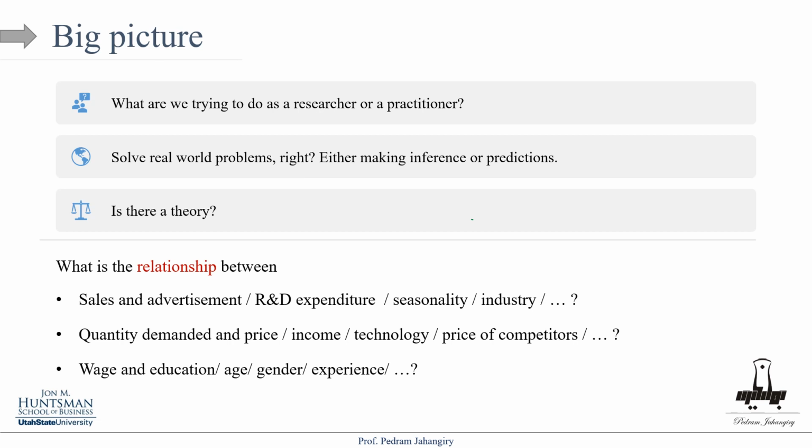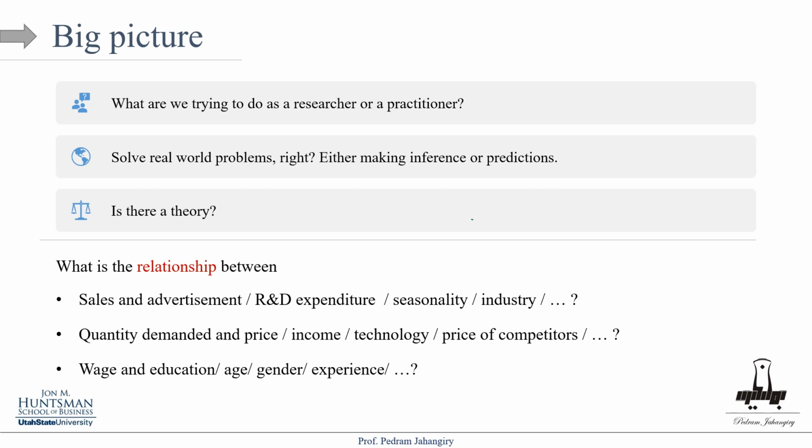So you're interested in the relationship between quantity demanded on one hand and price, income, technology, price of competitors, the price of substitutes on the other hand. This is also another type of interesting research question. And then finally, for example, you want to see the relationship between wage and education, age, gender, industry, job characteristics, etc. These are all really interesting research questions.